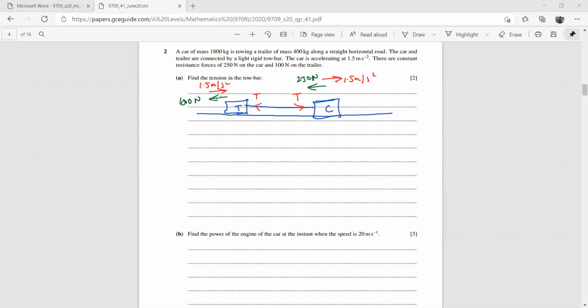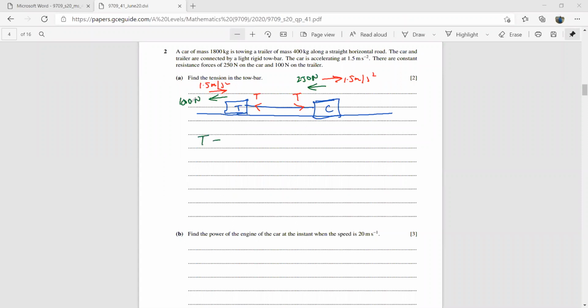It says find the tension in the tow bar. You can use the car's motion, you can consider the trailer's motion, or you can consider them as a whole system. But since you have to find the tension, if you just consider the trailer, you see that clearly there is a tension in the tow bar that is moving the trailer forward.